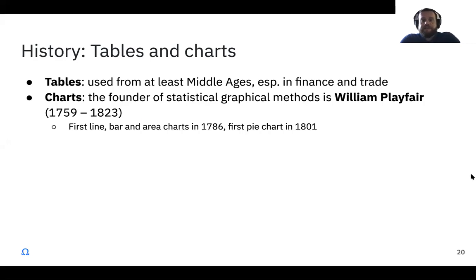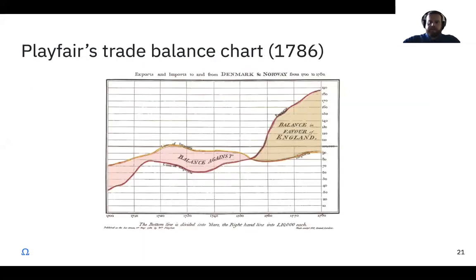Charts were for a long time part of what is called statistical graphical methods, and the founder of that discipline is William Playfair, who lived in the 18th and 19th century. The first line, bar and area charts were devised in 1786, and the first pie chart in 1801. But let's show and not tell.